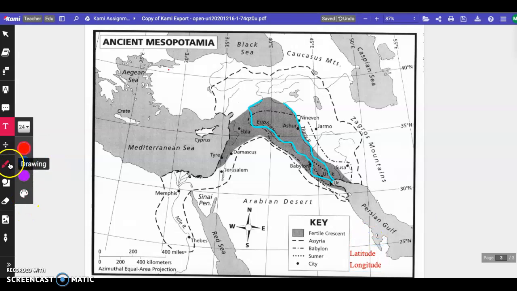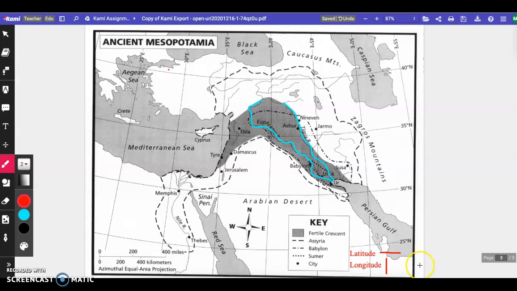If you recall, latitude lines run horizontal, parallel to the equator.